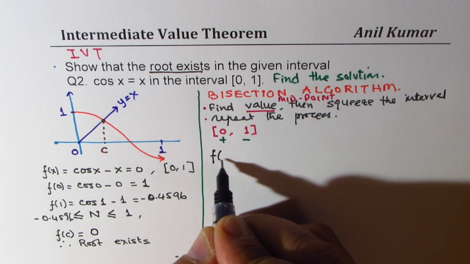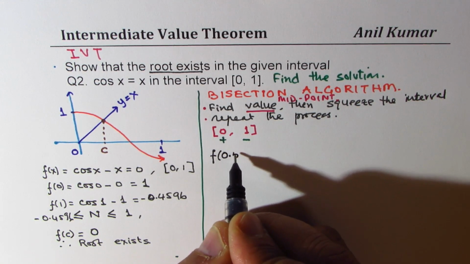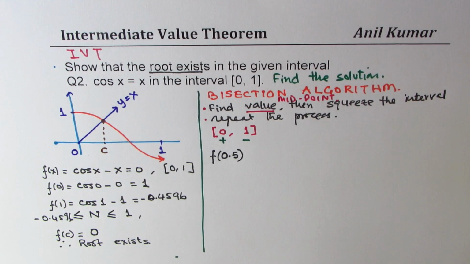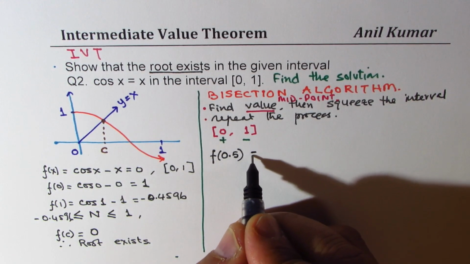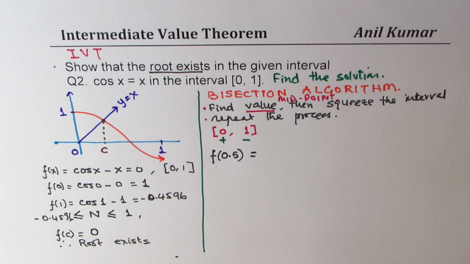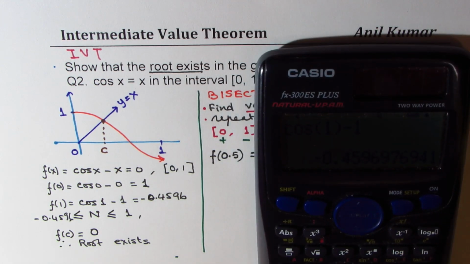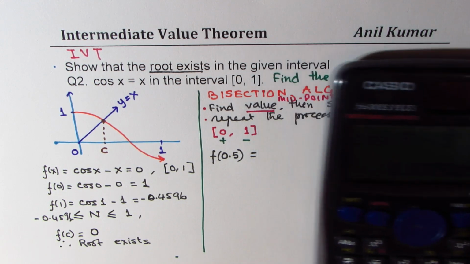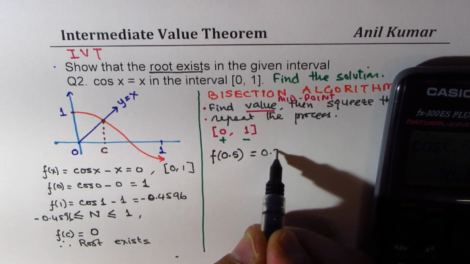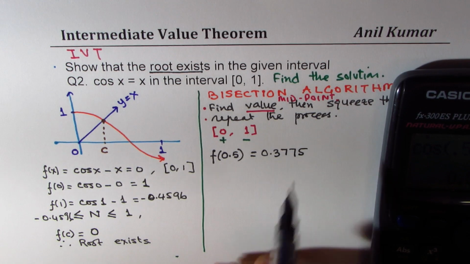So we'll calculate the value of the function at the mid value 0.5. So we have cos of 0.5 minus 0.5 equals 0.3775.